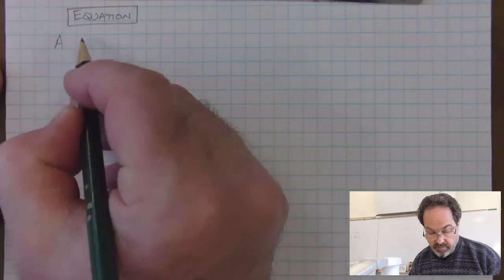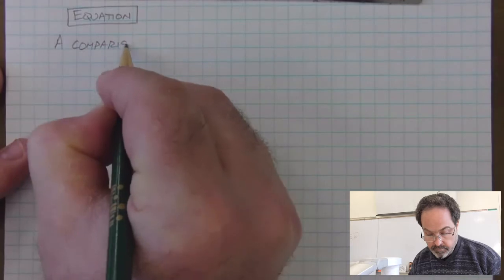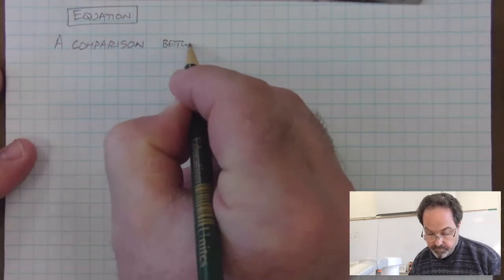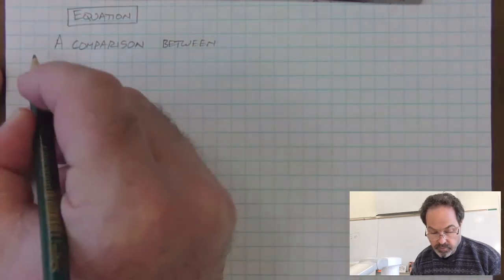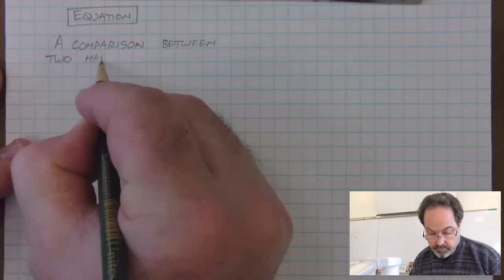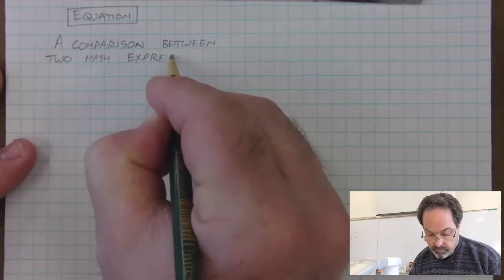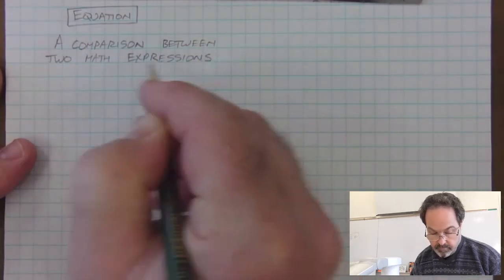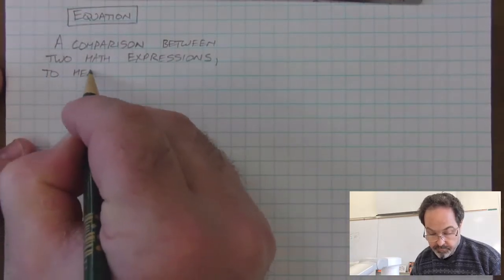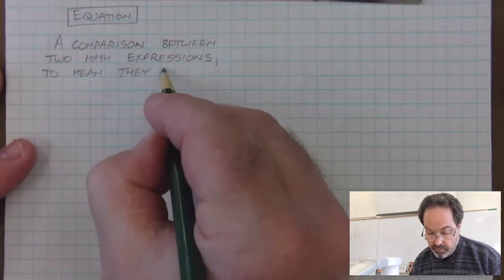An equation is a comparison between two mathematical expressions, to mean they are numerically equal.